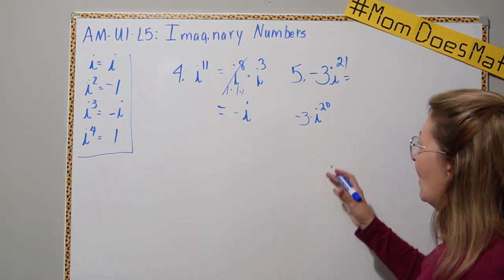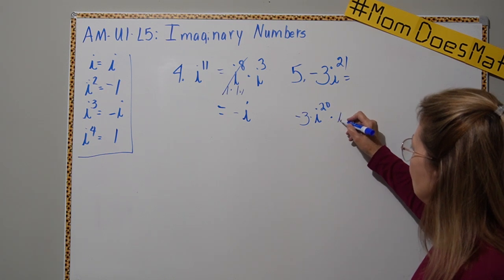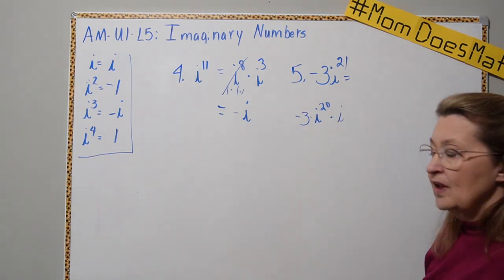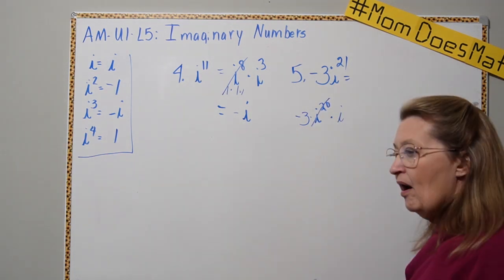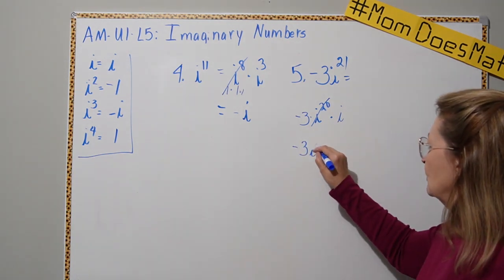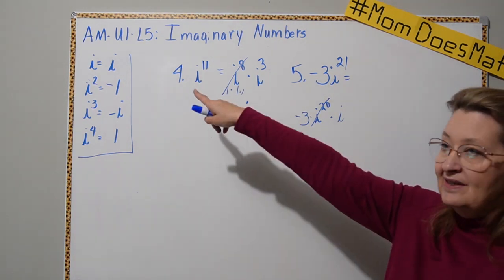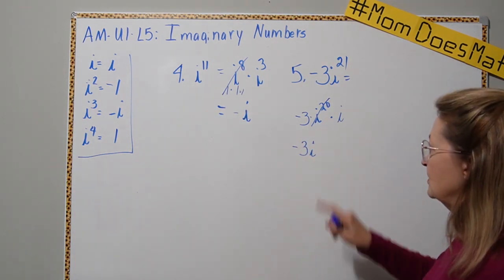Because 4 times 5 is equal to 20. And then what does that leave me left over? Just an i. All right, i to the 20th is +1, so I don't need it anymore. And I'm just going to have -3i. I can't do anything to the i because that's the base definition. So that will just have to stay there.